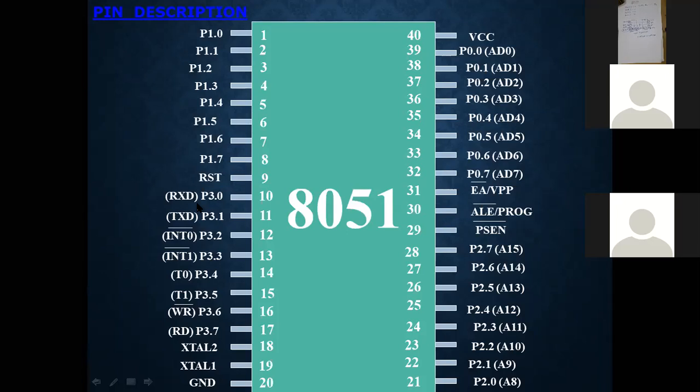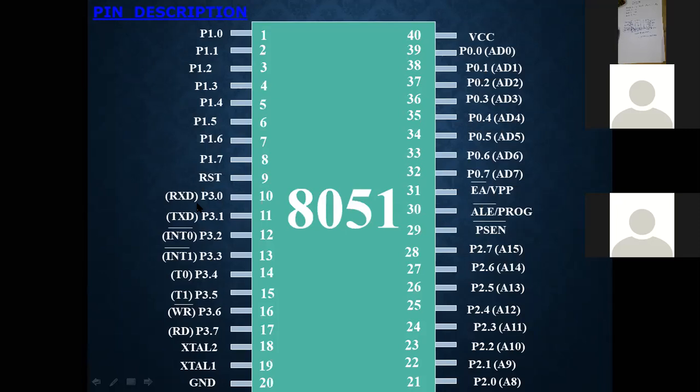So these two legs are to be connected with pin number 18 and 19. We will see how the crystal circuit is to be designed. Then we will tell you the significance of 18 and 19. We'll come to that, the circuitry.